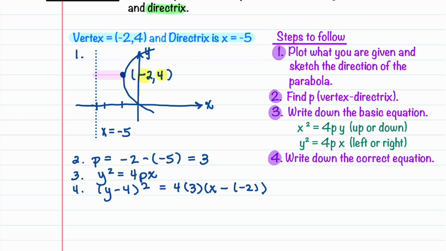This gives us the equation y minus 4 quantity squared is equal to 12 times x plus 2. And that's the equation of our parabola. Hang with me, we have one more example to do, and it's the hardest one.